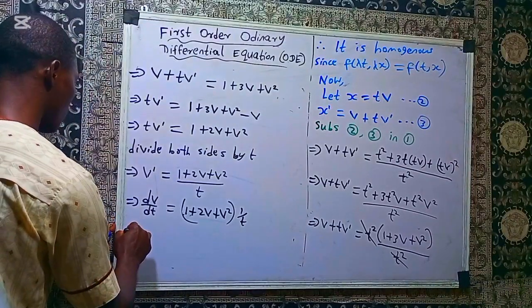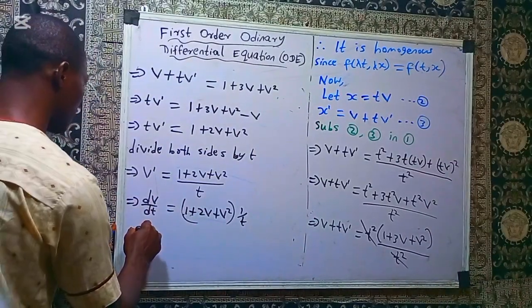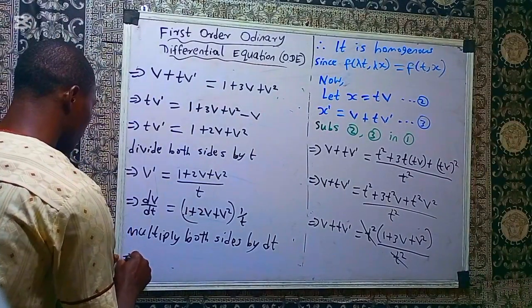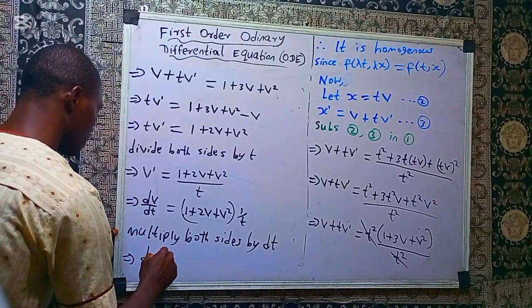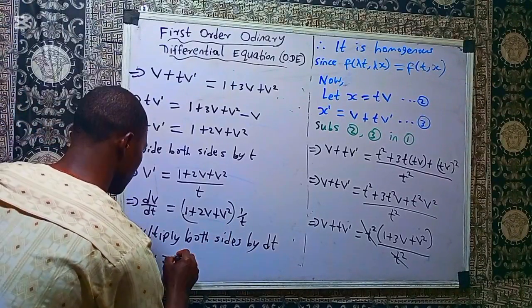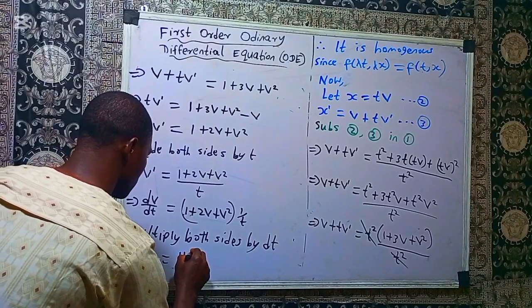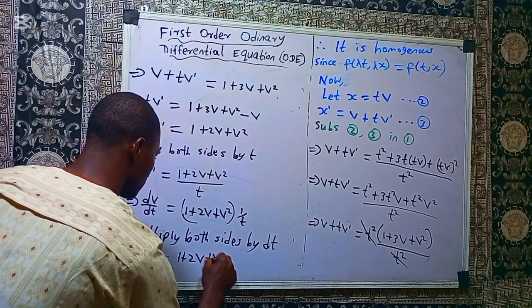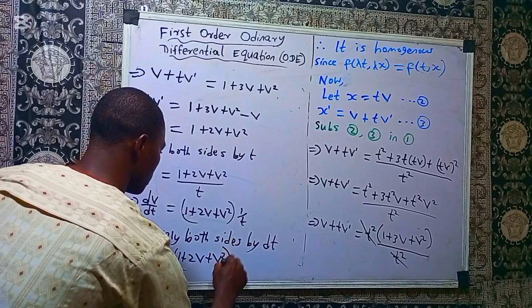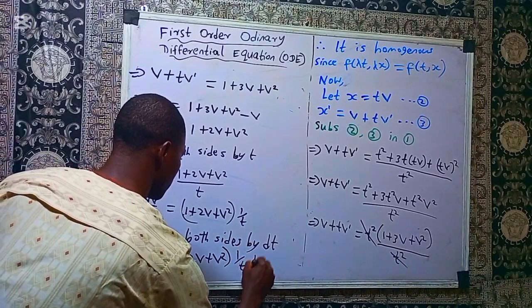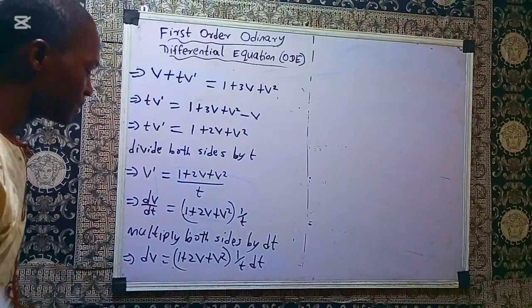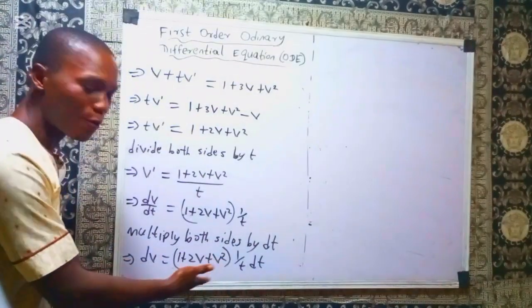What do I do? I will multiply both sides by dt. So if you multiply both sides by dt, I have dv equals 1 plus 2v plus v squared, times 1 over t dt.